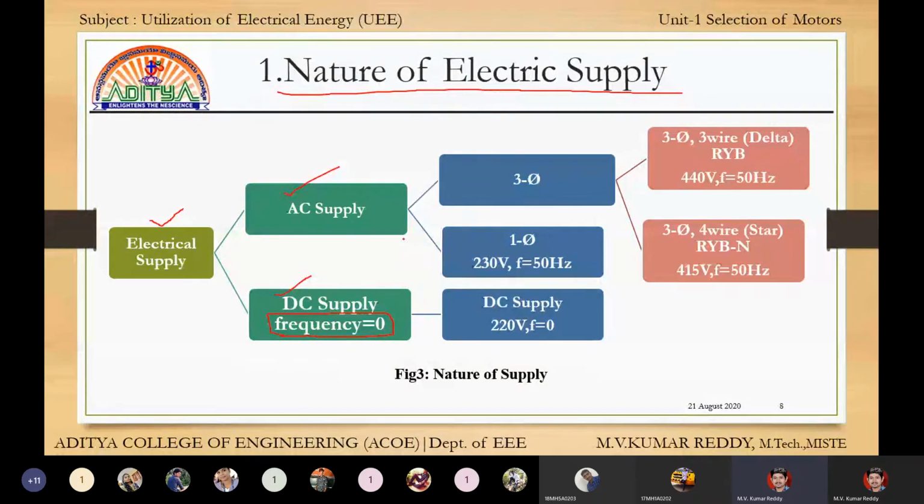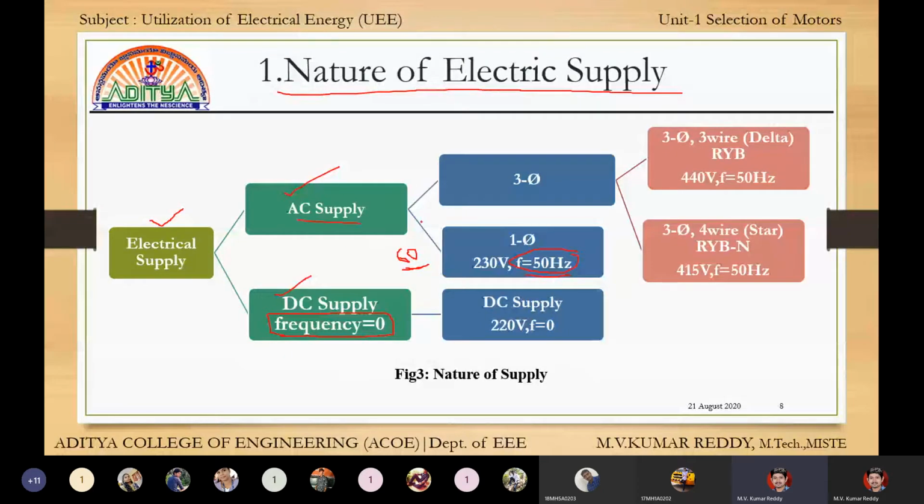For AC supply we have a frequency of 50 hertz. Another standard frequency is also there, that is 60 hertz. This 60 hertz frequency is maintained in foreign countries, whereas in India the frequency is 50 hertz.